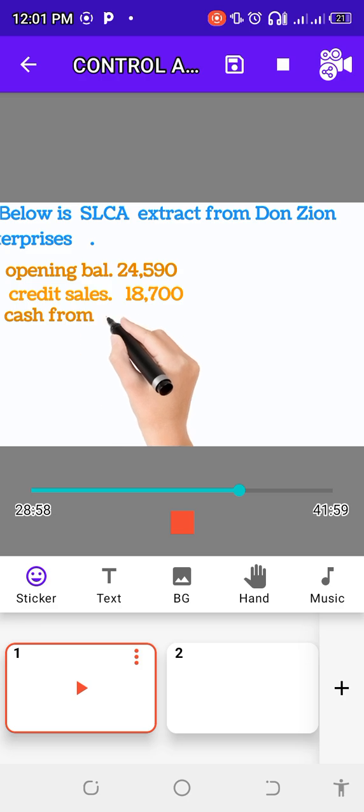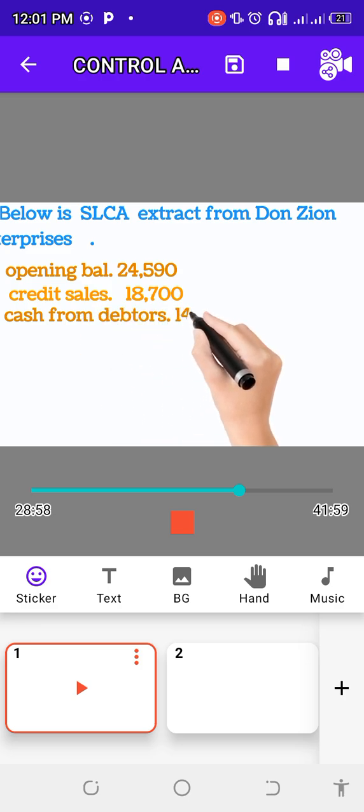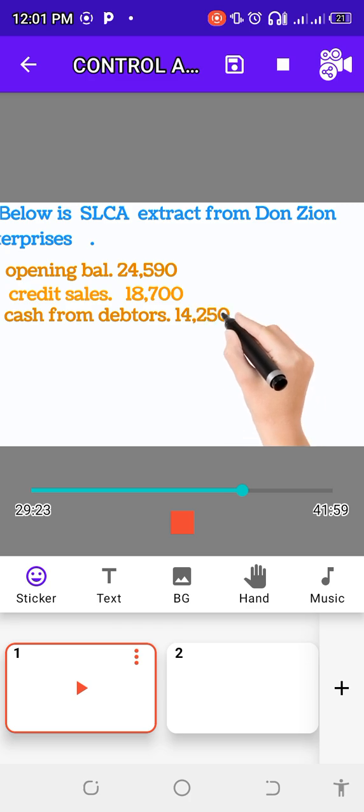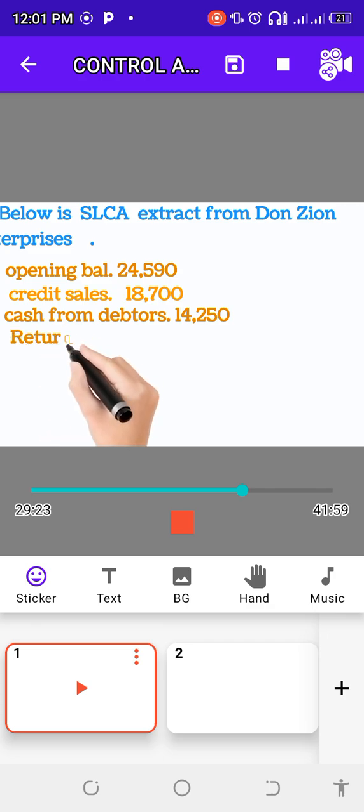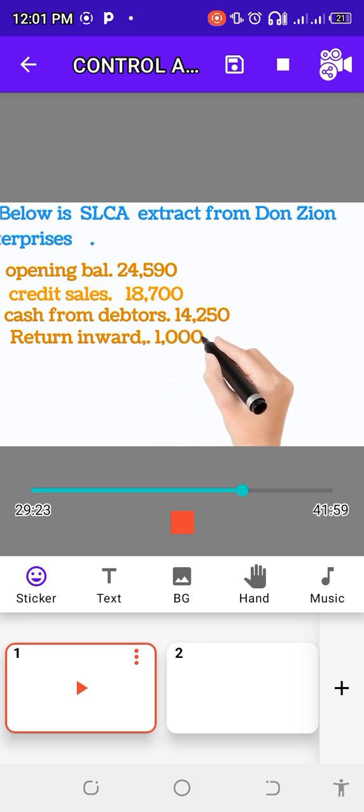Cash from debtors or customer is 14,250. That is the amount that has already been paid by customer. Return inward is 1,000.